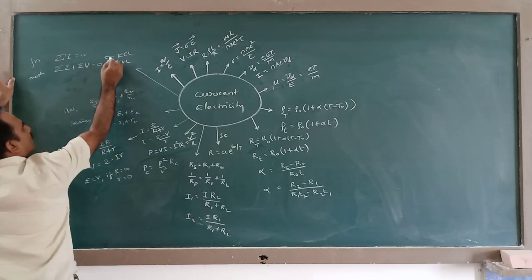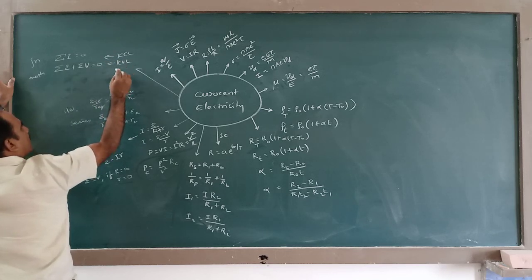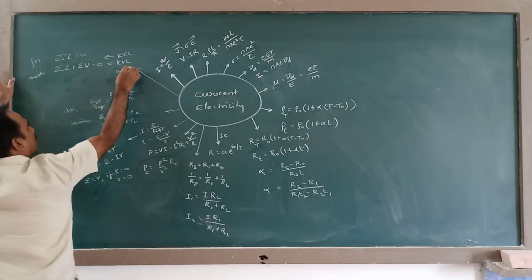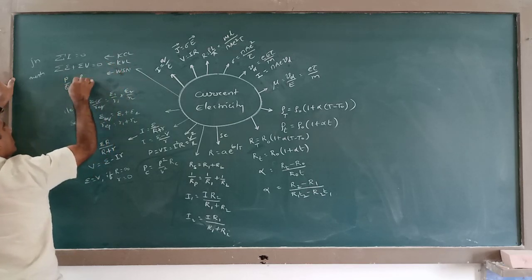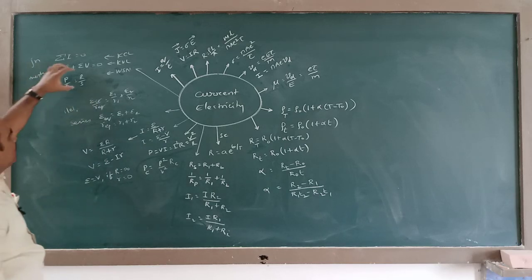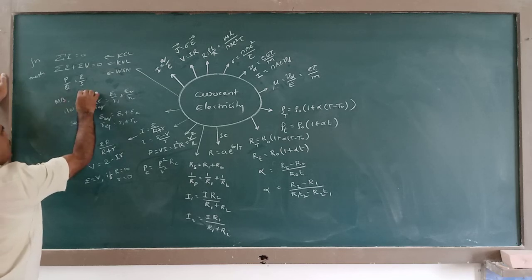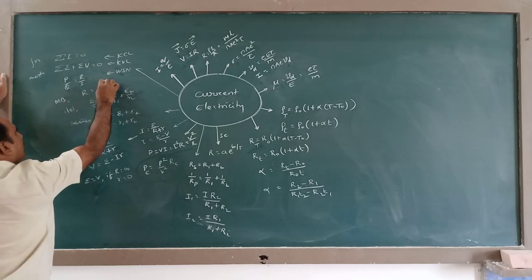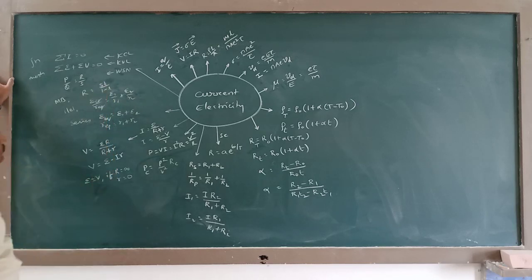So this is Kirchhoff's voltage law. As an application of this, you studied Wheatstone's network. In a Wheatstone's network balanced condition, P by Q is equal to R divided by S, and based on this idea, in a meter bridge, the external resistance is given by standard resistance into L divided by 100 minus L.